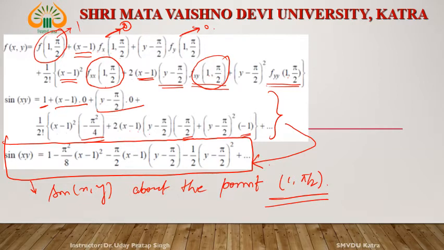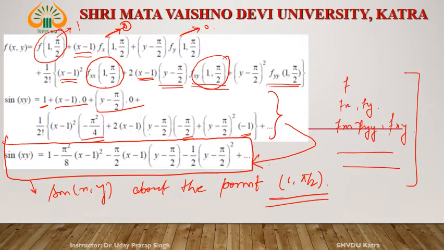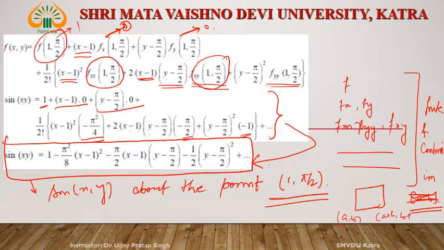This is the Taylor series expansion of the function of two variables which satisfy the condition that fx, fy, fxx, fyy, fxy, and so on, are all finite and continuous in the closed rectangle AB, A plus H, B, A plus H, B plus K, and A, B plus K.